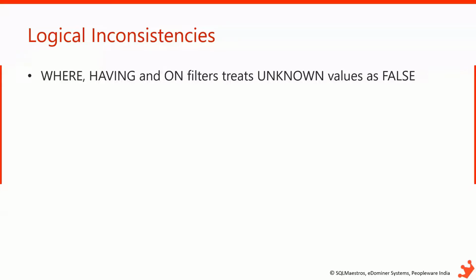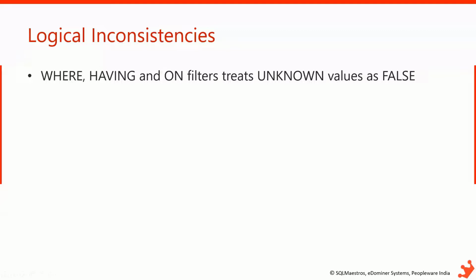So if, for example, you have a query, select star from employee where salary is equal to 50,000, whenever the value is null in the table, that null will be considered as false and will be eliminated from the output result set. That's what generally happens. So it is treated as false and consequently eliminated from the output result set.